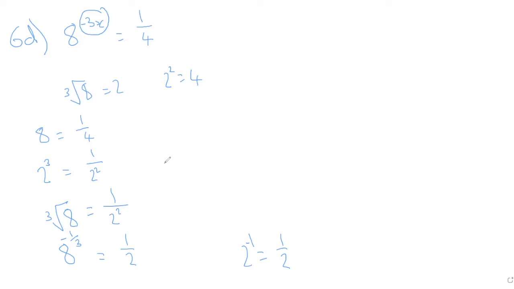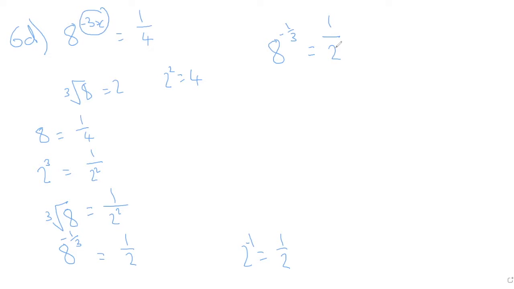All right, so I'm already working on my fraction here. So this means 8 to the power of negative 1/3. Now, how do I get that to turn into a 4? Well, I'm going to need to square it somehow, right?